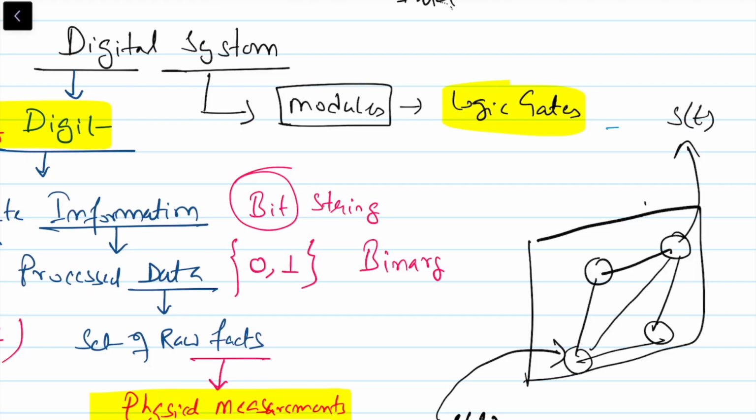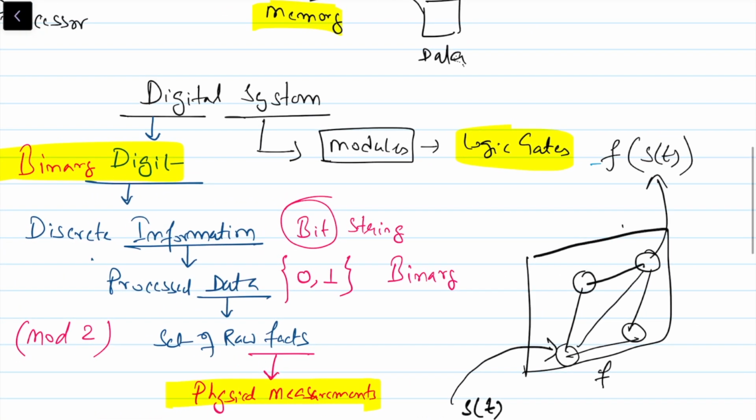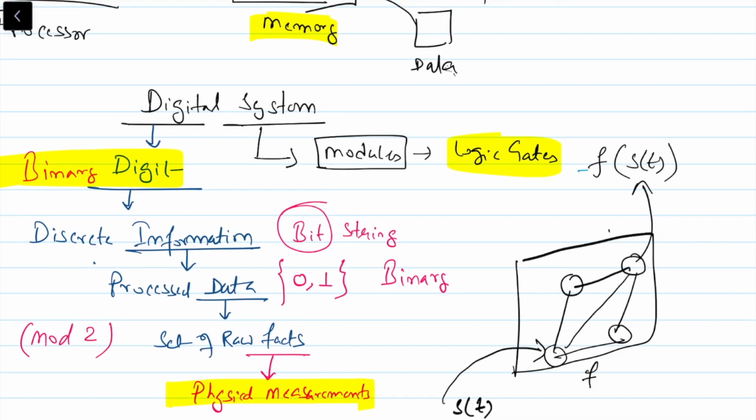So if this system represents a function f, then basically what we get is a discrete time signal s of t getting processed by the function f. This is a mathematical view that we will carry along with us throughout this subject, in the various components of this subject. So, did we answer the question?